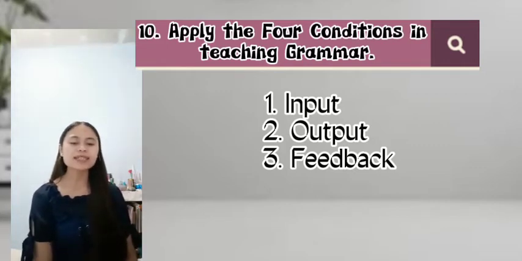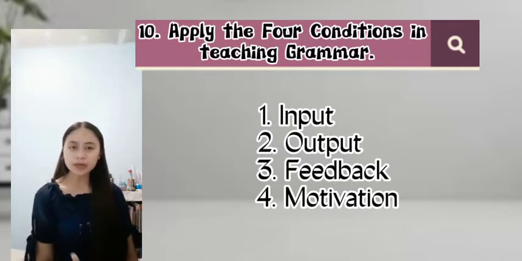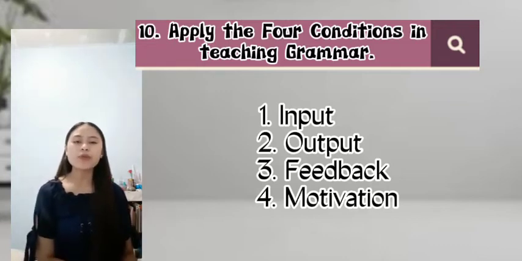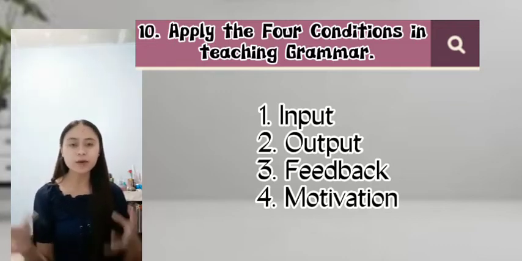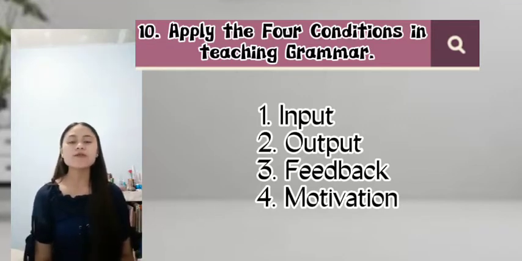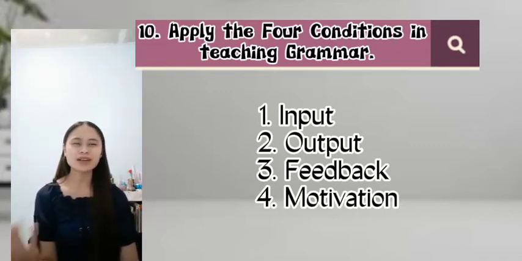All right, lastly is their motivation. So in incorporating motivation, we could have open-ended questions. Open-ended questions are a way of giving students the opportunity to ask questions and to find solutions to those questions. Students are somewhat curious about things, or they have a lot of questions about grammar, because grammar is a complicated one.